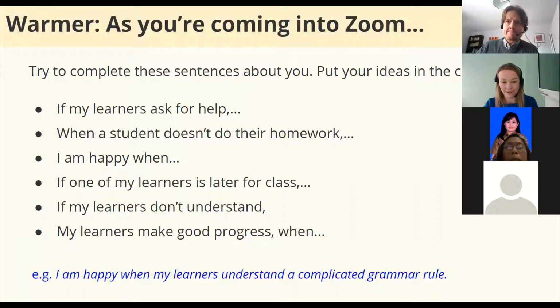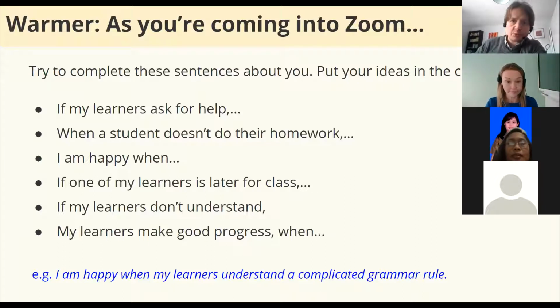Good. As Nick said, this was just to review a little bit of the language that we looked at in Unit 5. This is the use of the zero conditional, the present tense and the present tense, to talk about facts, things that are always true. A couple of people have put I will, which is also correct.